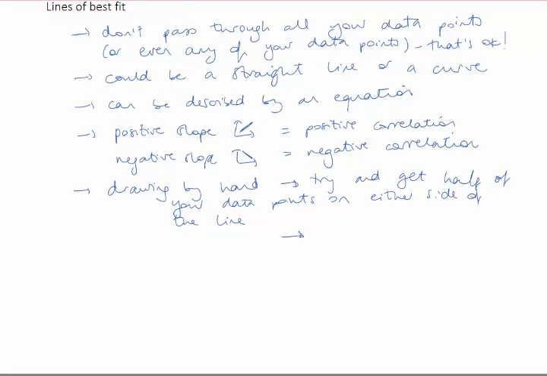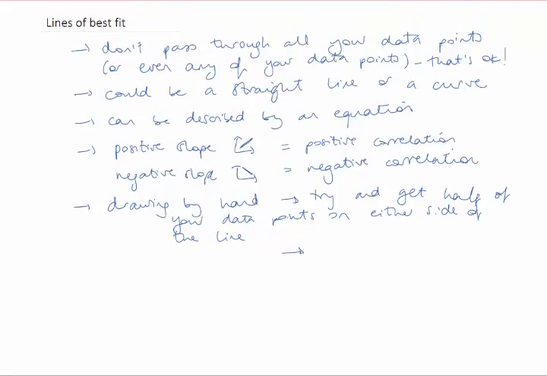And the second thing to say is a word of warning not to be too distracted by extreme values at the ends of your data set. So don't pay too much attention to extreme outlying values.